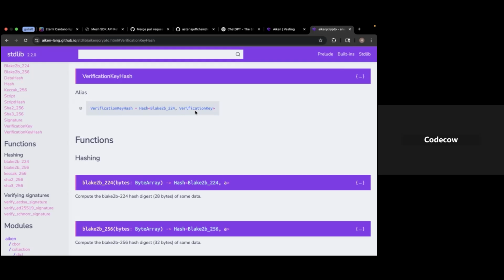Yeah. So this is also similar. By the end of the day, this is just a byte array, which is like a list of bytes, right? A string could be a byte array, like anything could be a byte array, right? Yeah. So by the end of the day, it's just a byte array, as far as I understand.